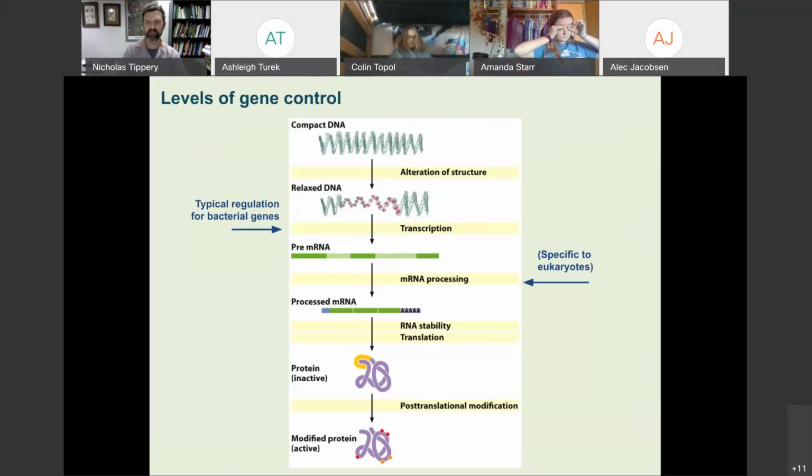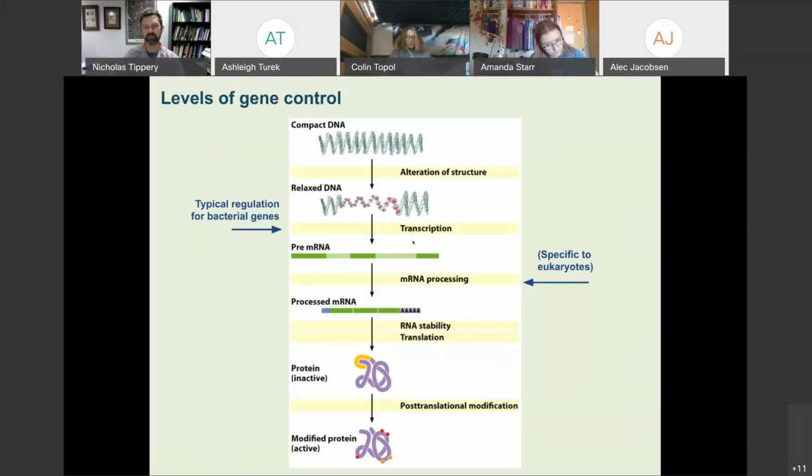So I have a couple arrows on here. This is transcription, one of the more common ways we think about gene expression, and we'll see why as we go along. Transcription is an early step in the process, and it can be affected a little more specifically based on structures of promoters and so on.